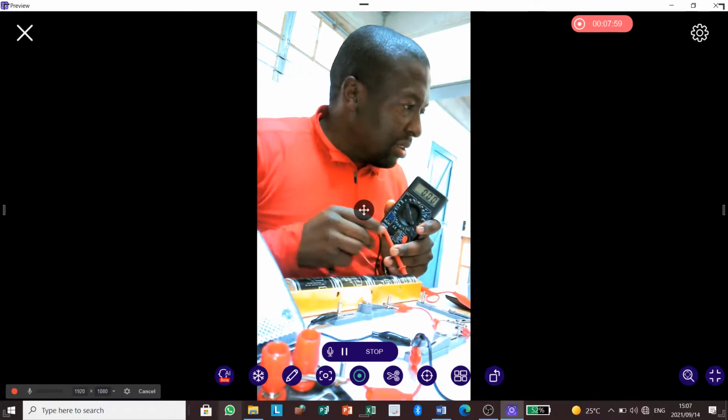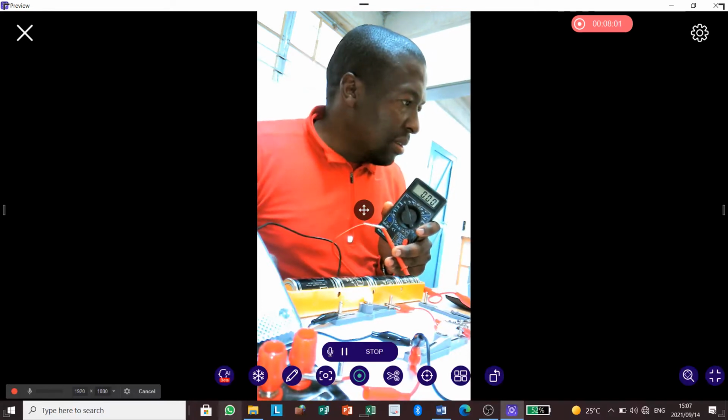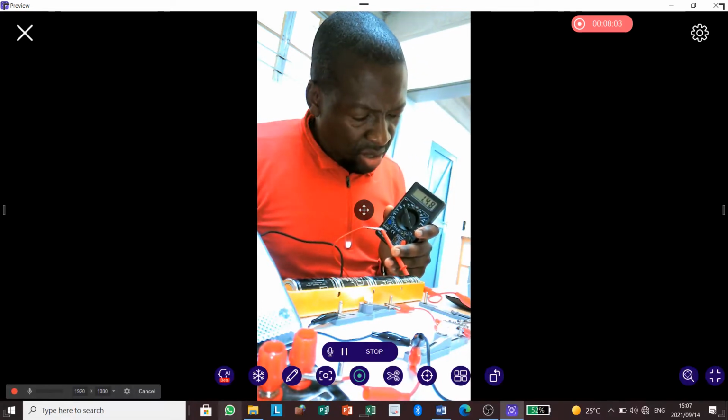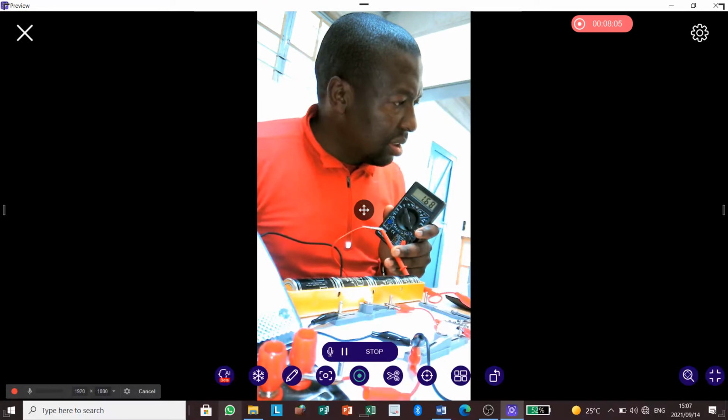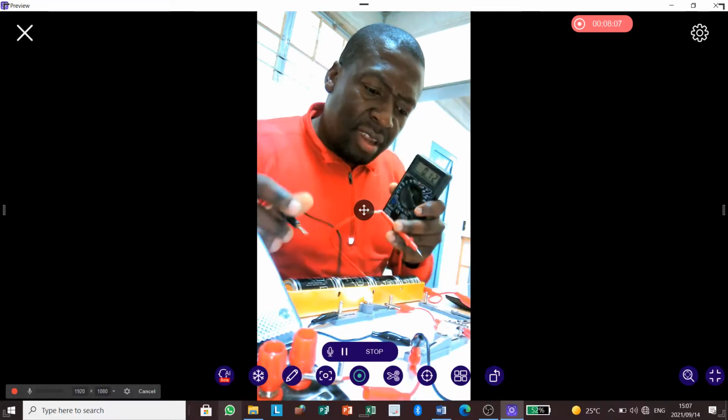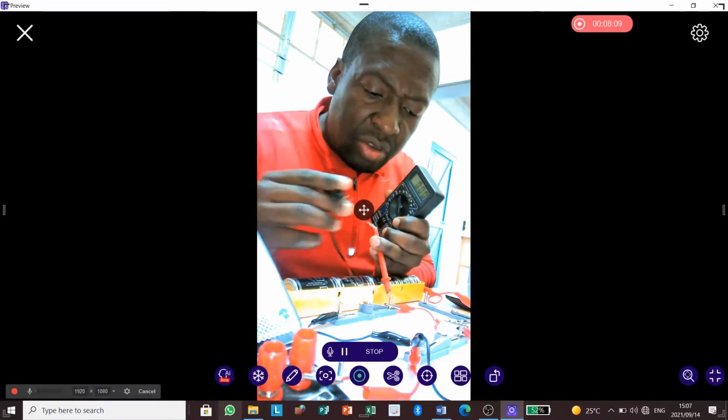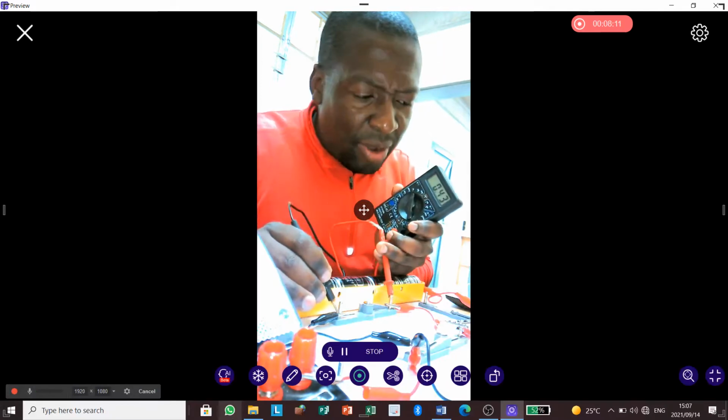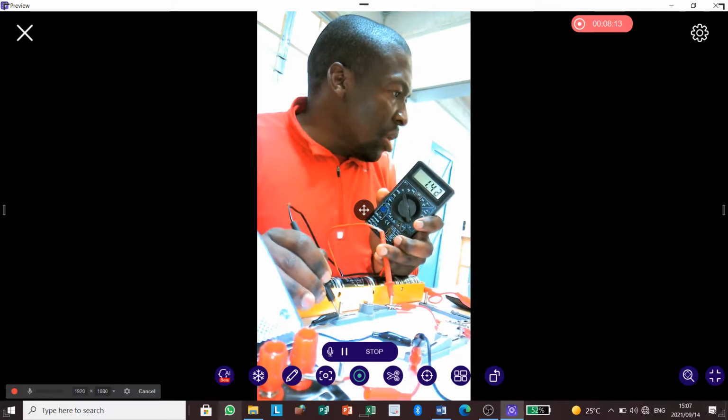Right, so let's have a look at our voltage. It is 1.68 for my battery. Now let's go to light bulb number 1: 1.43.